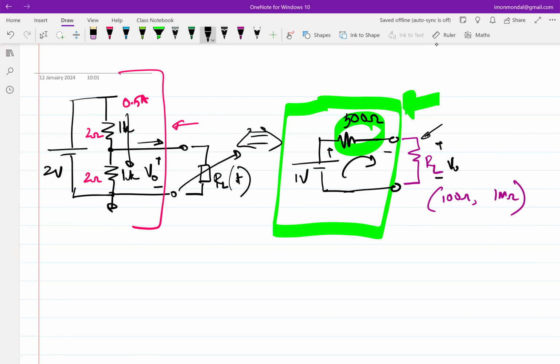But if I disconnect RL from this part, I still see power consumption in the circuit. Great question. So if these two circuits are supposed to be equivalent, where is the fallacy?